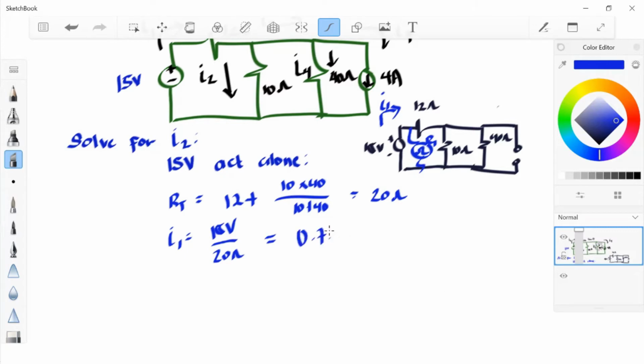Okay, now that we know the current right here is 0.75 amp, we can apply the current division rule to solve for the current I2.